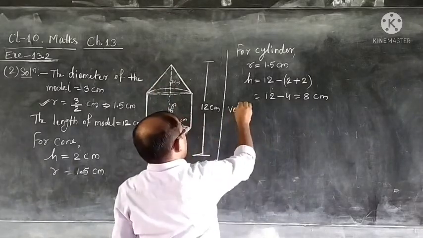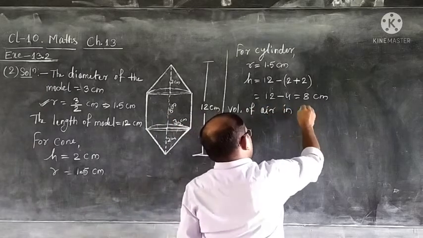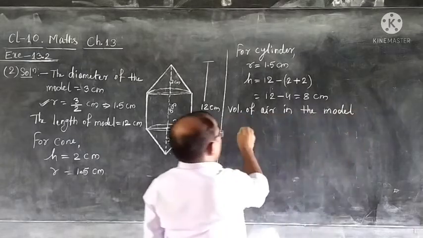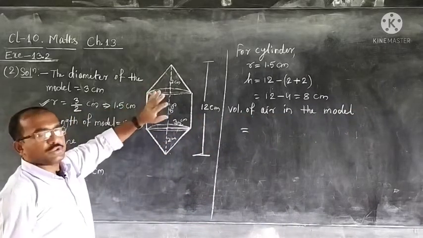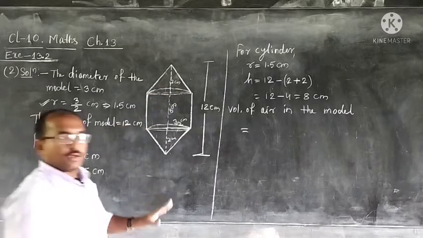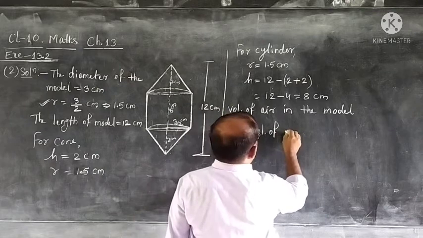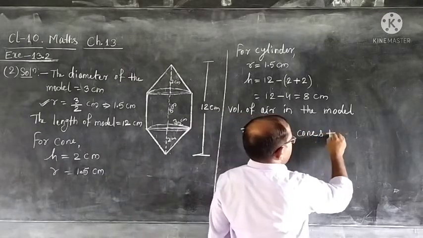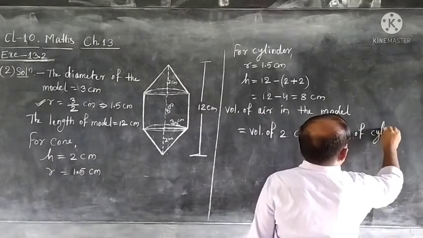And then we go for volume of air in the model. And what we understood? We understood volume of air in the model mean volume of 2 cones plus volume of cylinder. So, we go volume of cone, how many cones? 2 cones plus volume of cylinder.